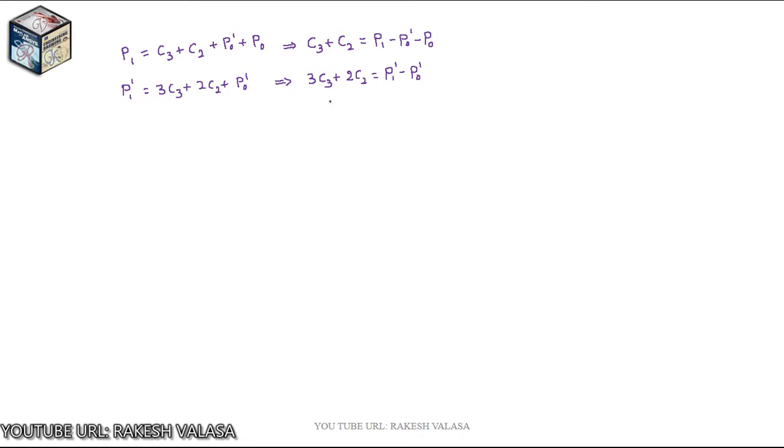Now simplify these two equations. Multiply the first equation by 3. You can write 3C3 plus 3C2 equal to 3P1 minus 3P0 dash minus 3P0. The second one is 3C3 plus 2C2 equal to P1 dash minus P0 dash.